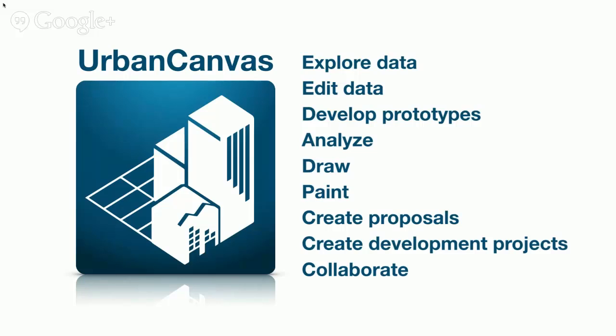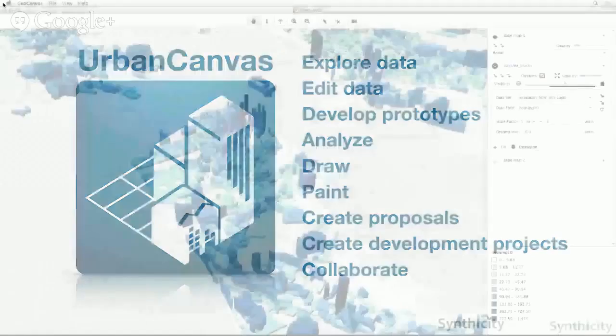A little more details about the analytical tools that we've started to bring into UrbanCanvas, as well as the content creation tool, so drawing geometry and painting attributes on that geometry. Then using these things together to create proposals and development projects, which we've touched on quite a bit in the UrbanSim context, and then again, what collaboration looks like. So just dive right in.